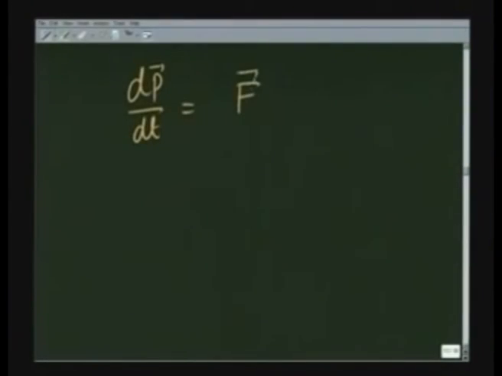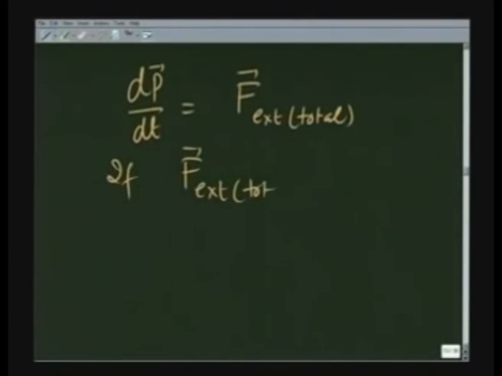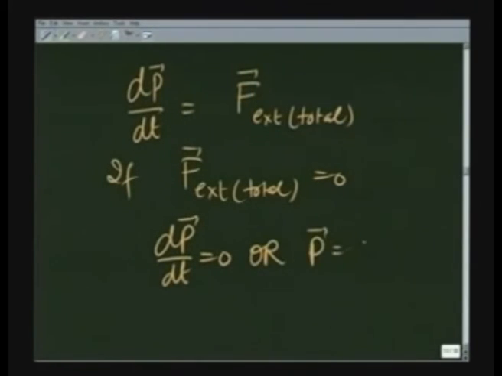So, let us see this again. dP/dt is equal to F external total, and if the total applied force from outside is 0, dP/dt is 0, or equivalently P is a constant.